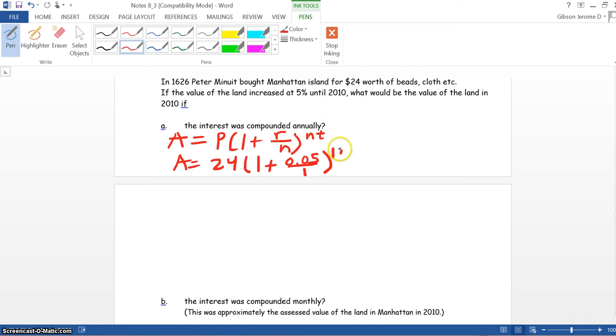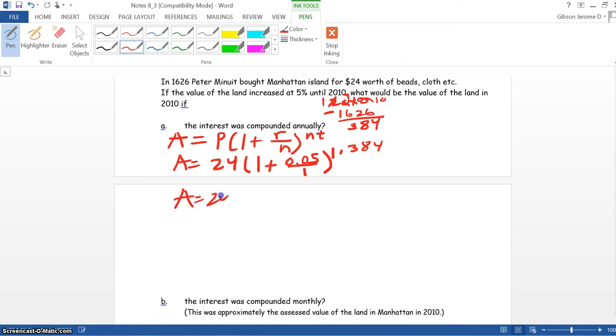So from 1626 to 2010, we can go off to the side and subtract 2010 minus 1626. Let's see, this would be 10, that would be 4, that would be 0, and that would be 10. This would be 9, this would be 3, so this would be 0. So it's 384. So it's 1 times 384.